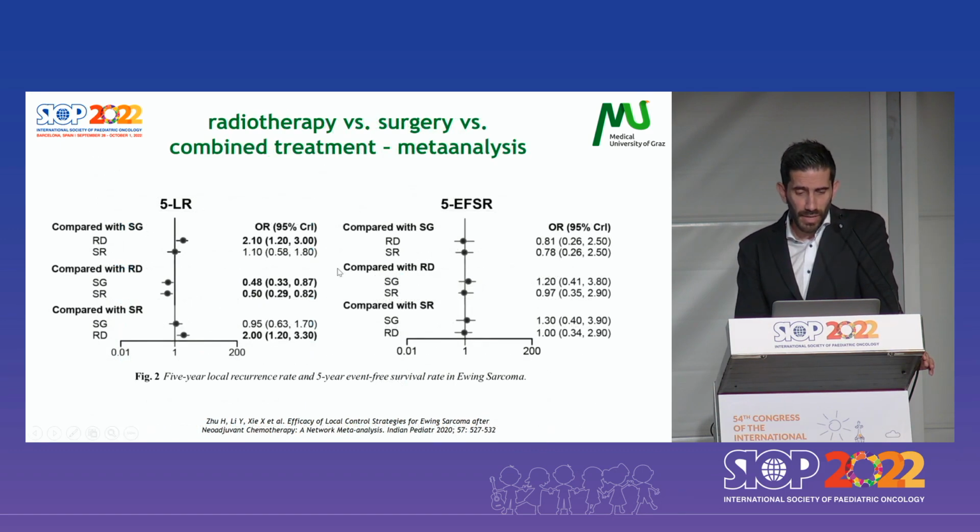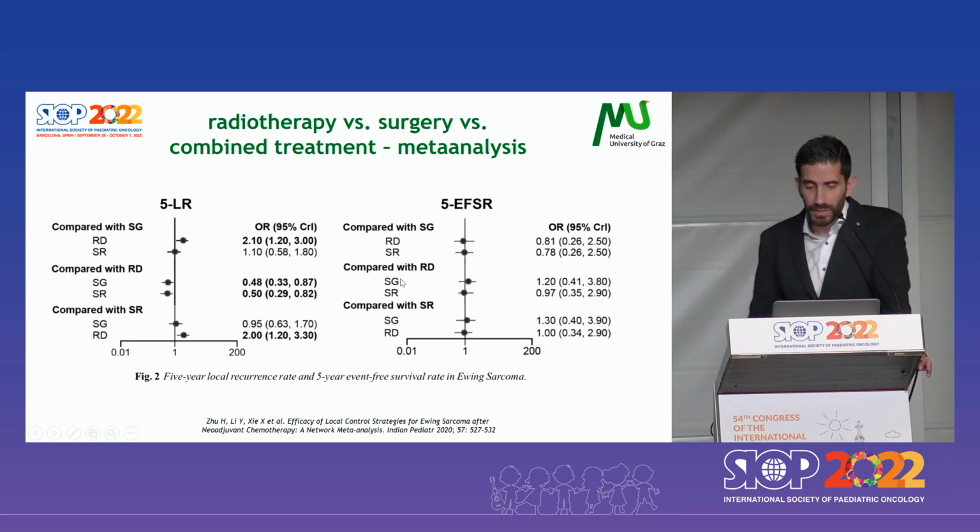There was also a so-called network meta-analysis published in 2020 showing that compared to surgery alone or the combination of surgery and radiotherapy, radiotherapy alone was associated with a slightly higher local recurrence probability, but again, there were no differences in event-free survival probability of these patients.